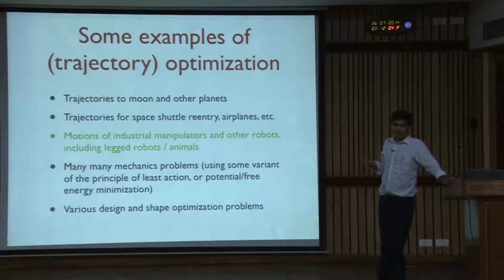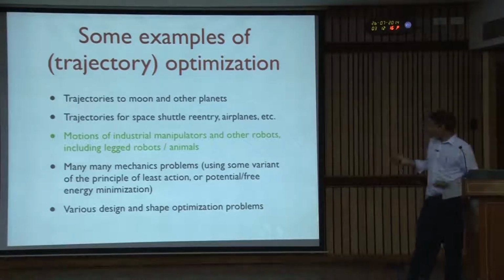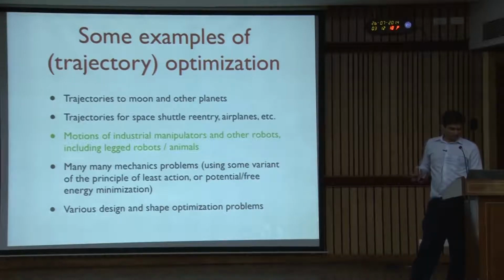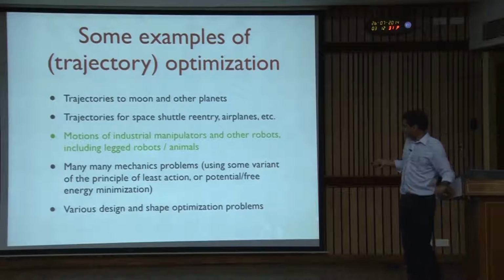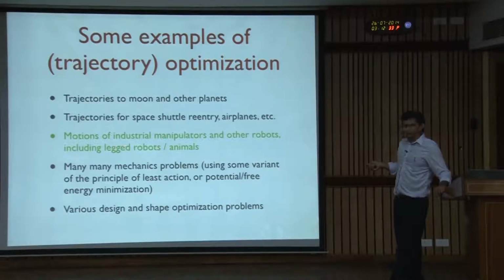That problem is basically the same as trying to go from here to there with the least amount of energy cost, except solving this problem is harder than solving that problem computationally, right? So this is an easy problem compared to the locomotion problem. And you can imagine a more detailed version of this within the Earth, trying to optimize airplane paths and things like that. And this is what I've focused on most of my life, trying to figure out optimal trajectories or strategies for legged robots or animals.